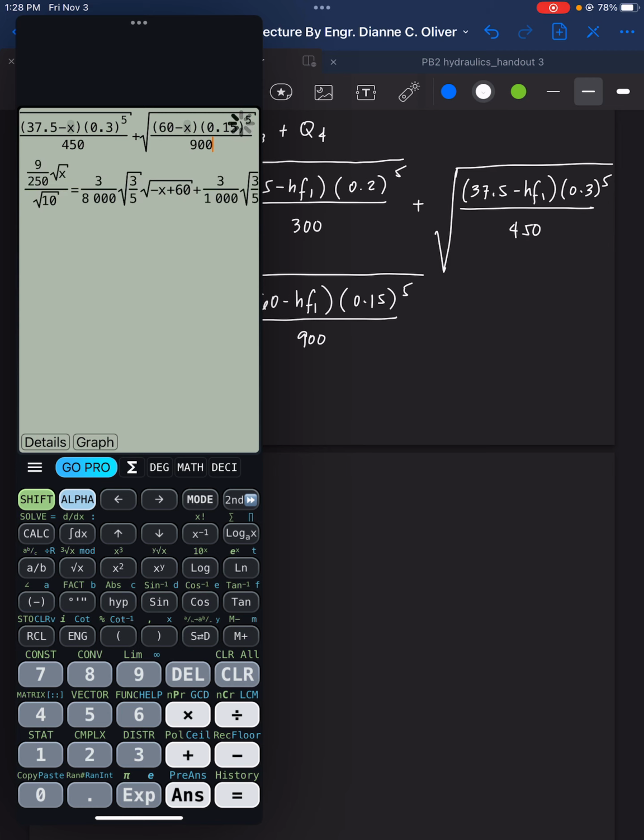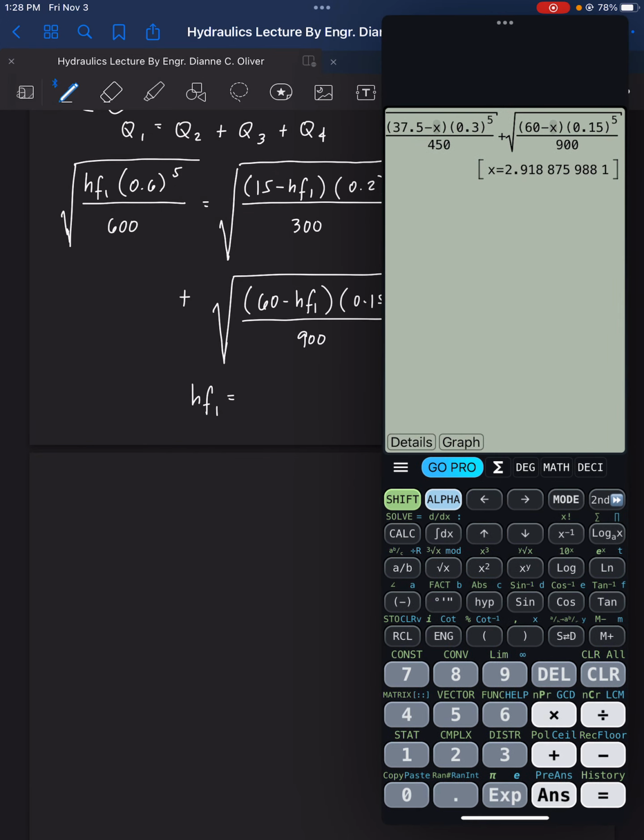Shift solve. So x, or that is HF1, is 2.92.